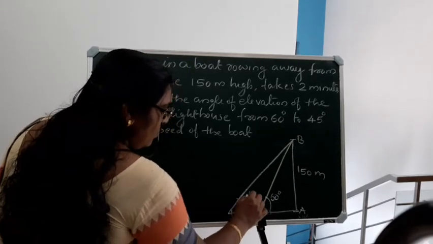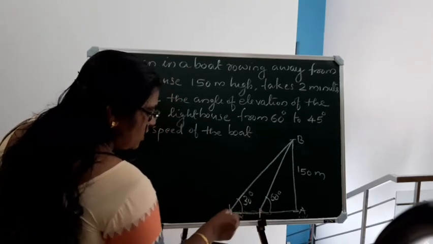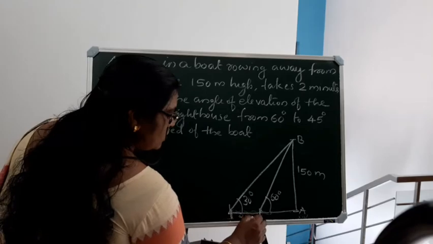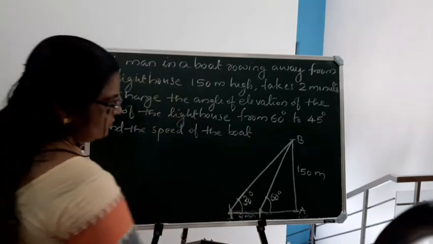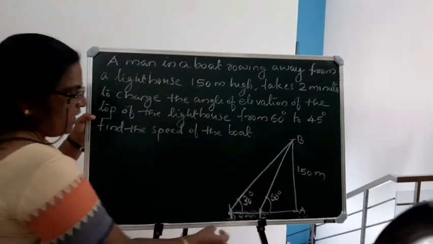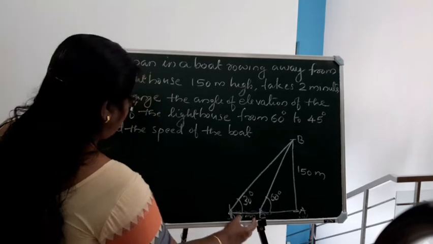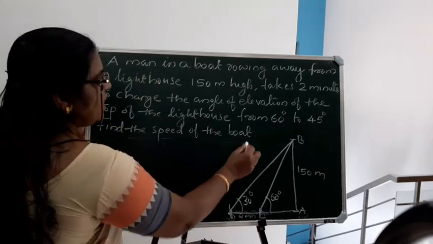Okay. So the time taken to travel from this point to this point is 2 minutes. We can take these as C, D. Time taken to move from C to D is 2 minutes, and we have to find the speed of the boat.